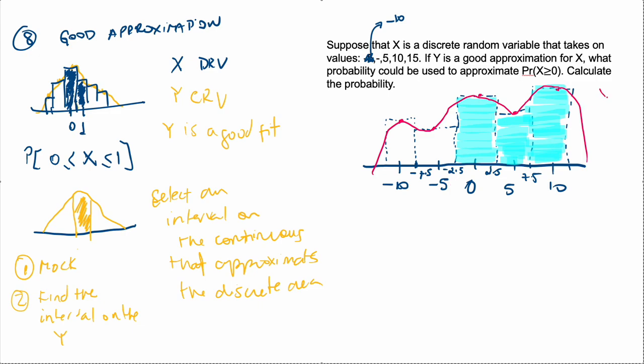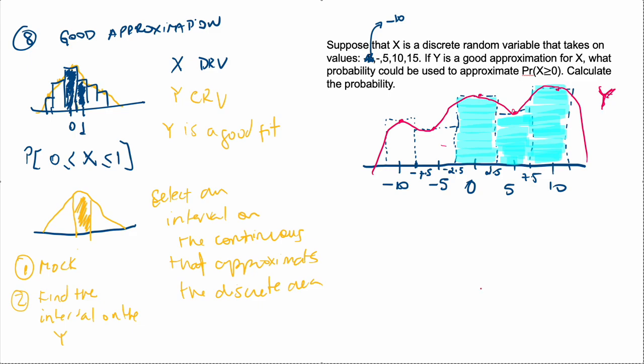Now look at this, this is y, okay? And you can think about the histogram as being a ghost histogram. I don't have it, it's just there in the background. But I would have to select an area on the continuous random variable that is equal to the blue one.